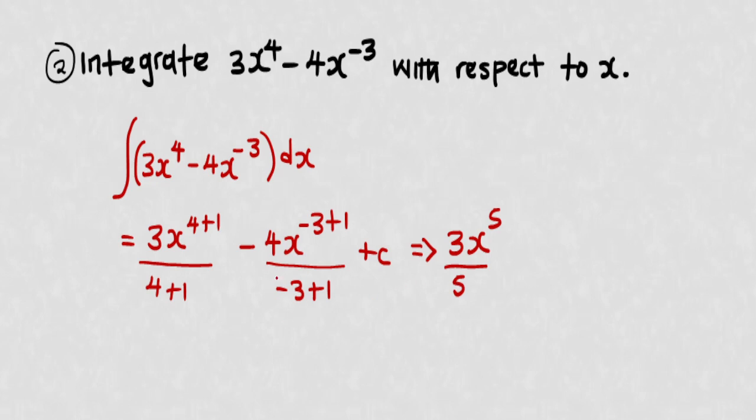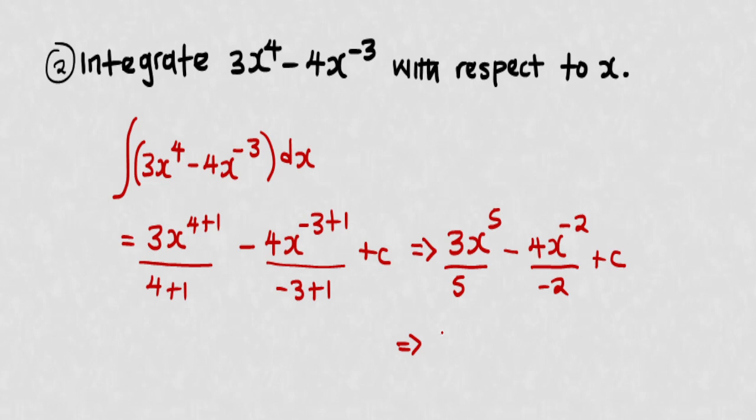Then here we have a minus 4x, negative 3 plus 1, that is a negative 2. Then down again, negative 3 plus 1, we have a negative 2 down. Then we're adding a constant, which is c. So the c will keep on coming. Then from there we proceed. We're going to say we have 3 over 5.